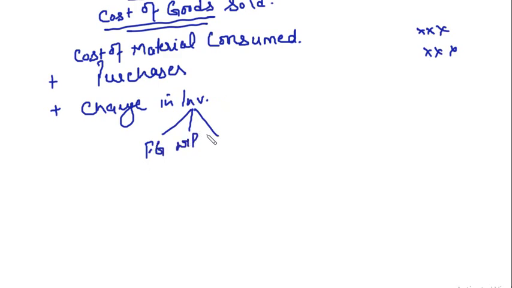WIP, that is work in progress. And stock in trade. That is, we have ordered the stock and it is in process. Change in inventory means opening stock minus closing stock. Very simple.